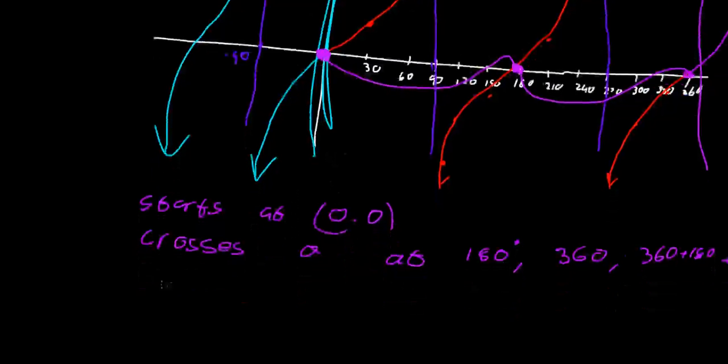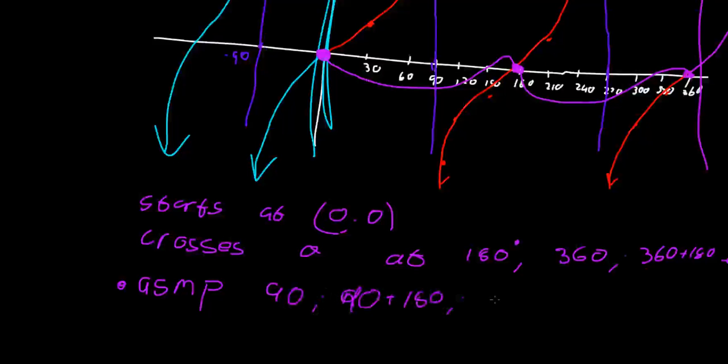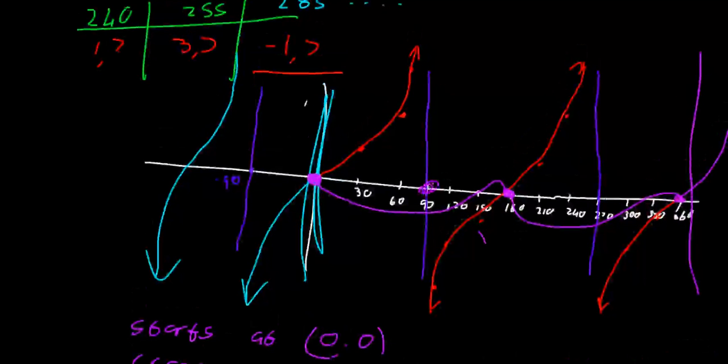And then it has asymptotes. You've got your asymptotes at 90 degrees, and then at 90 plus 180, and at 90 plus 2 times 180. So basically, your first asymptote is at 90 and minus 90, and you have an asymptote every 180 degrees after that in either direction.